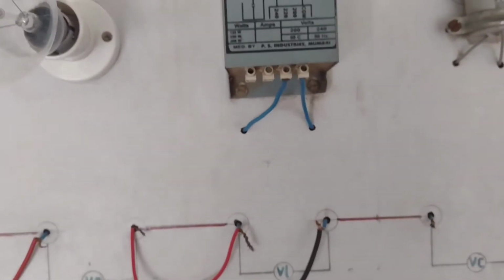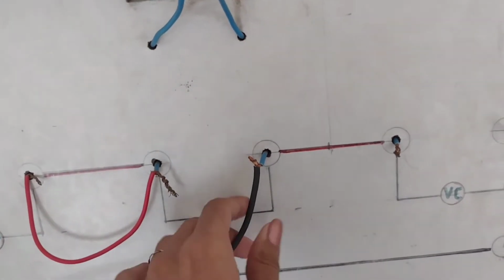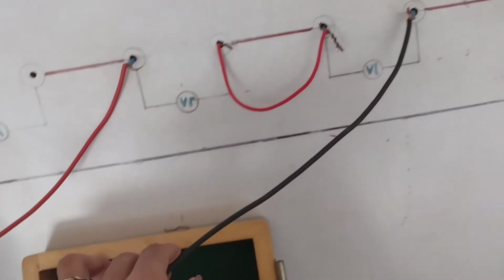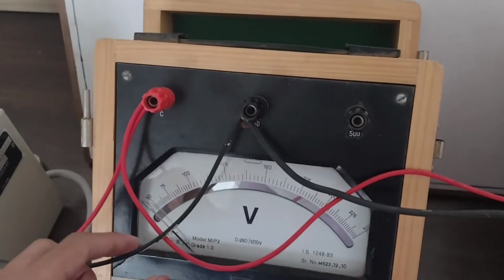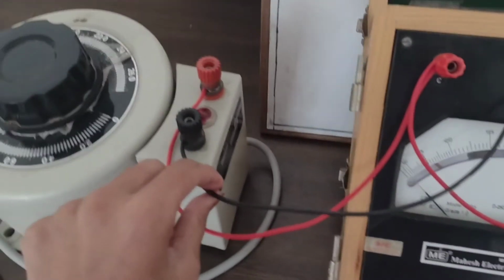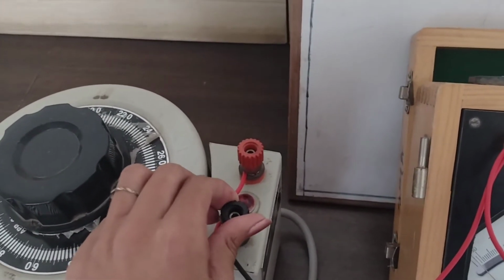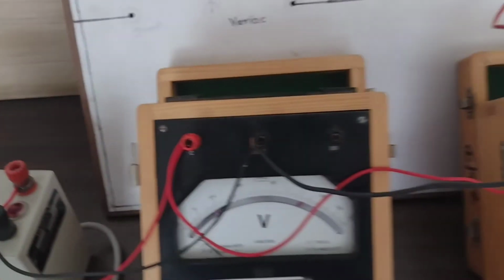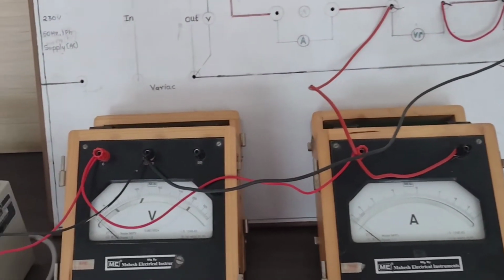The second terminal of the resistive load is connected to the first terminal of an inductive load. Then the second terminal of this inductive load is connected to the range terminal of the voltmeter. Then the range terminal of the voltmeter is connected to the neutral terminal of the auto transformer. This connection is the same as explained in the circuit diagram.